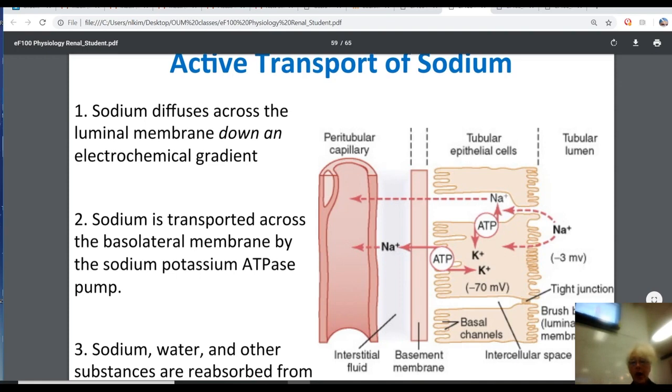And of course, we talk about active transport. Now, active transport means that there has to be energy put into the system for this to take place. So when I talk about active transport, I like to use the analogy of an Uber driver. The passenger is who the Uber driver is transporting, and the car is the mechanism of transport.